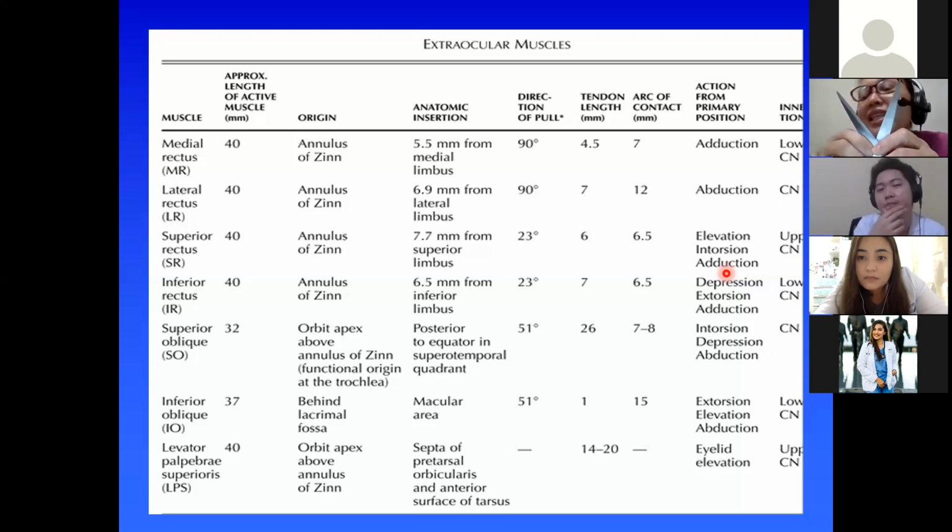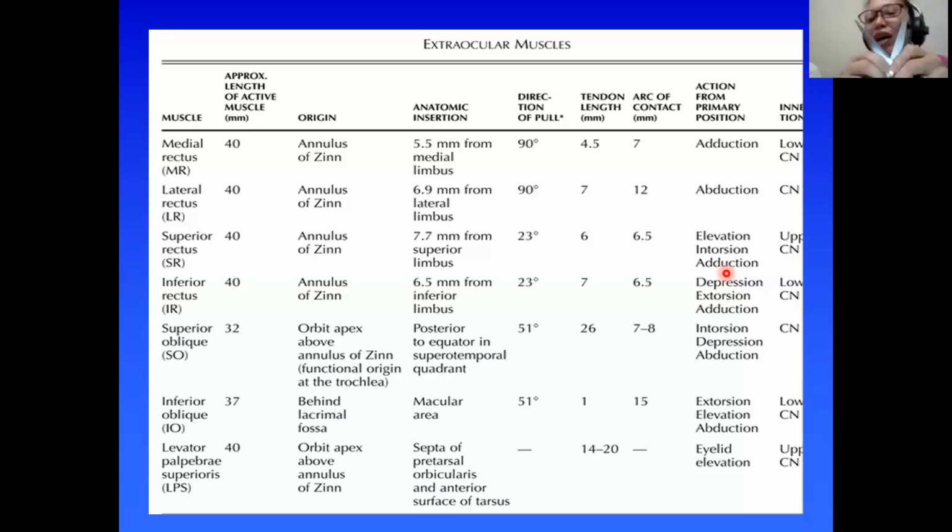Now, move back. This is your inferior oblique, superior oblique, superior rectus, inferior rectus. We are talking about the tertiary action of your vertically acting muscles.